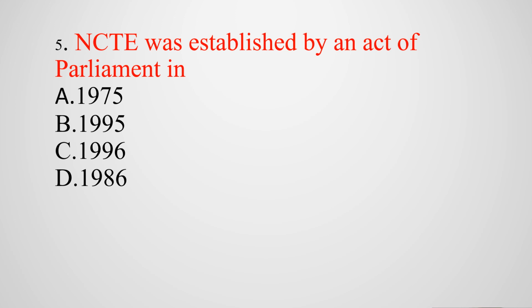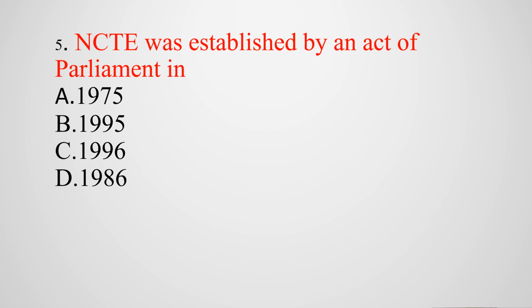Fifth one, NCTE was established by an act of parliament in. So this is also one kind of biggest confusion that might be there sometimes, when the given options are very close. That time, as an aspirant, though we have studied a lot, though we have a lot of experience, sometimes everyone might commit a mistake.